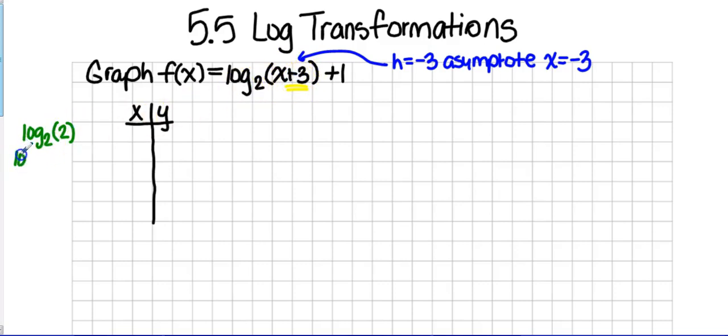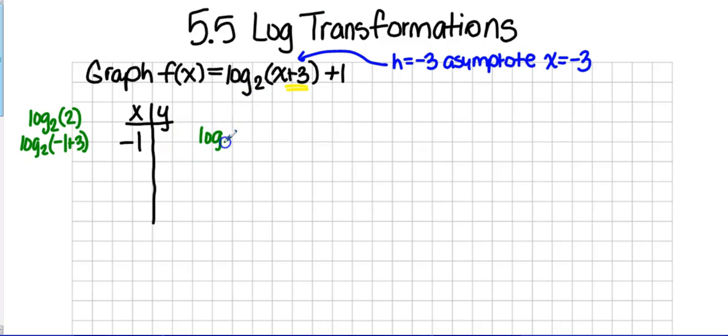Well, I know that -1 plus 3 would get me that 2. So I will choose to have -1 as my first entry in the table. Without a calculator, let's now evaluate and figure out what that is.